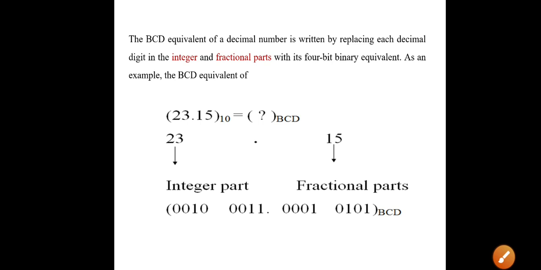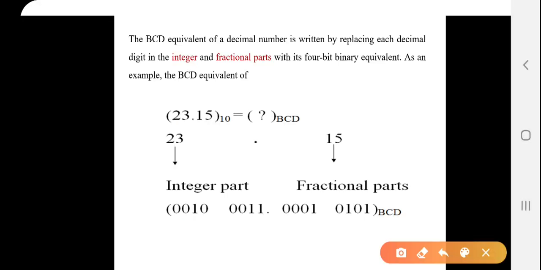The BCD equivalent of a decimal number is written by replacing each decimal digit in the integer and fractional parts with its 4-bit binary equivalent. As an example, consider the BCD equivalent of 23.15. Here 23.15 is given as a decimal number, and we need to convert this number into BCD.